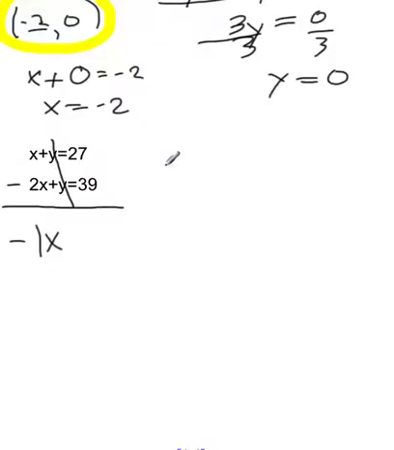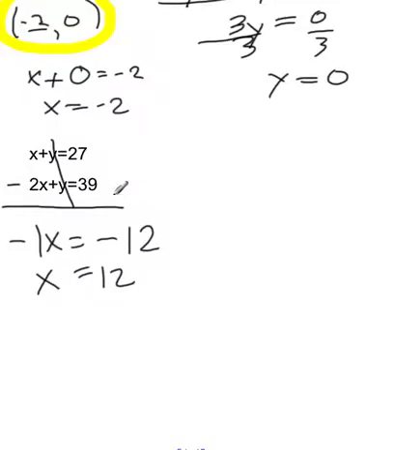What does that give me? 12. Sorry about that. Slow subtraction. So let's go back. So that's negative 1x equals, if I have 27, take away 39, I will have negative 12. If I do the math on that, divide by negative 1, I'll get x equals 12.